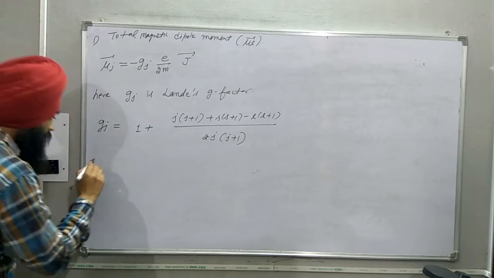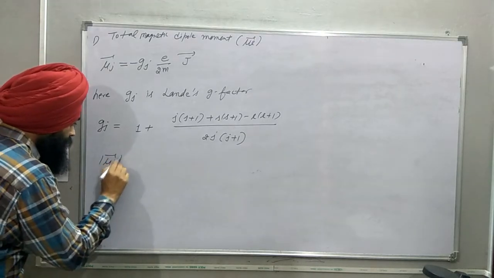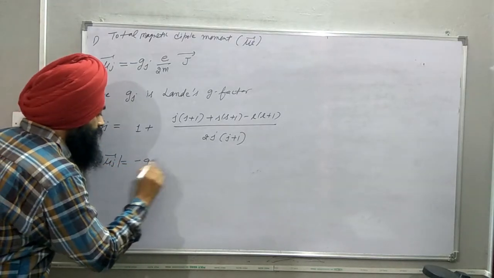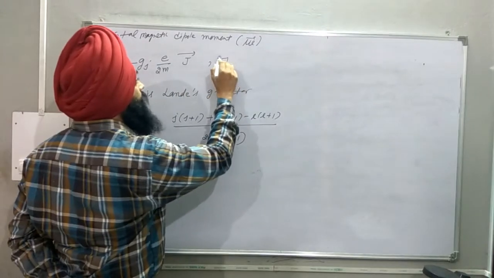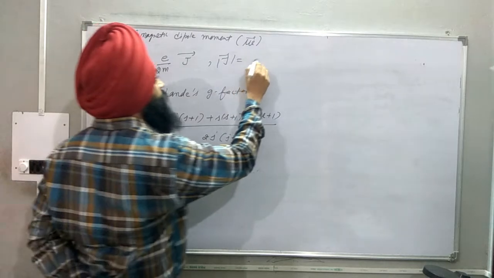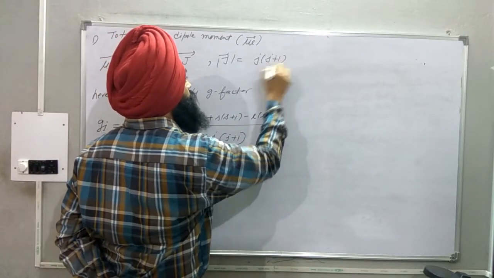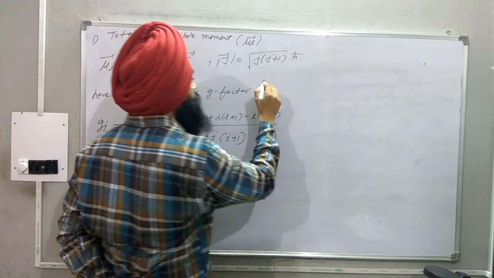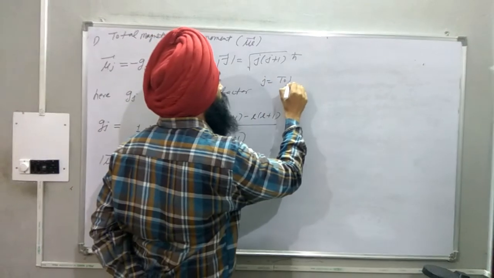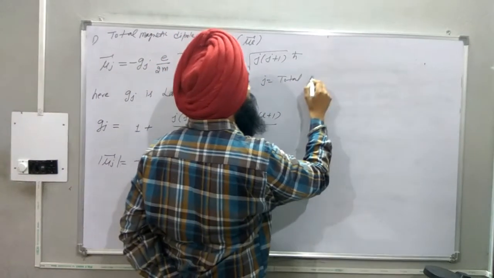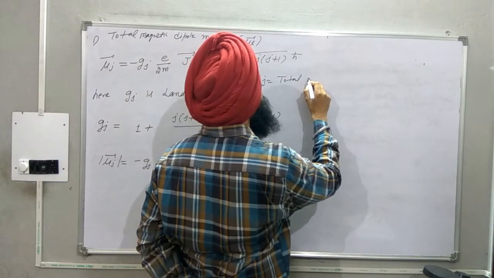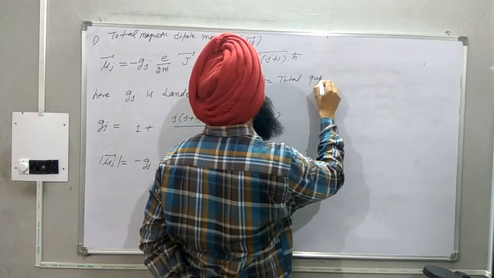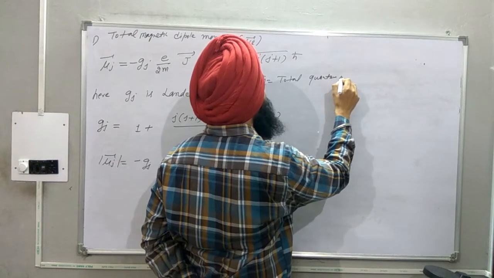Again in magnitude we can write mu J is equal to minus gJ e upon 2m. The value of J in magnitude is square root of J into J plus 1 times h cut. Here J is the total quantum number.